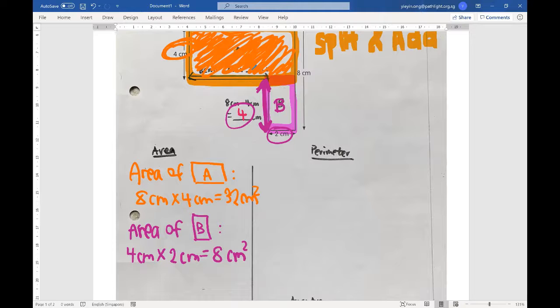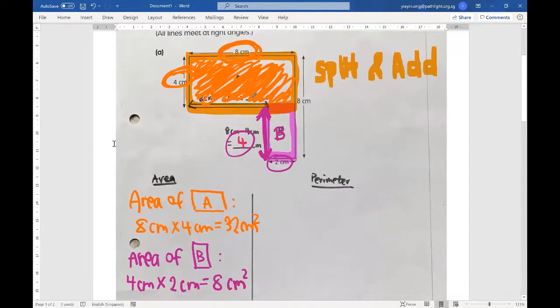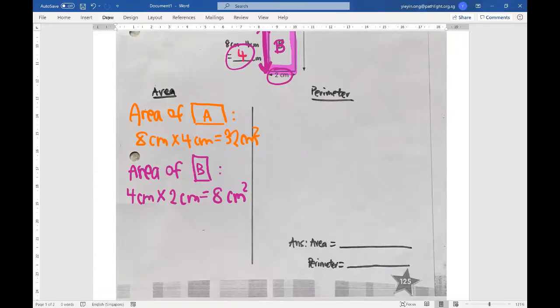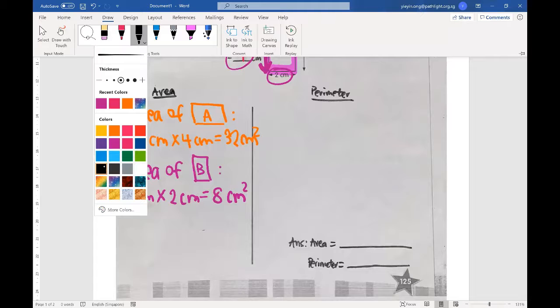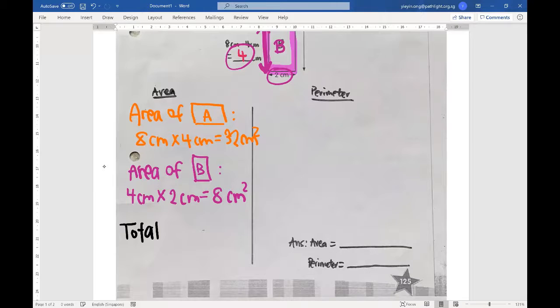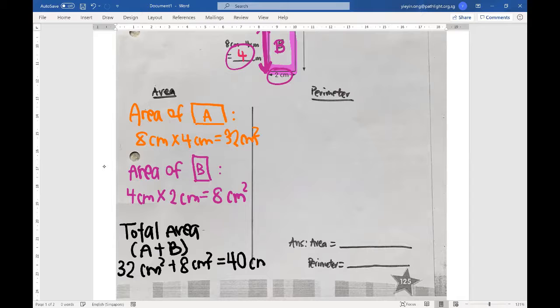Then I want to find the total area of this composite figure, rectangle A plus rectangle B. So total area, A plus B, would be 32 square centimeters plus 8 square centimeters. That will give me 40 square centimeters. So the area of this composite figure is 40 square centimeters.